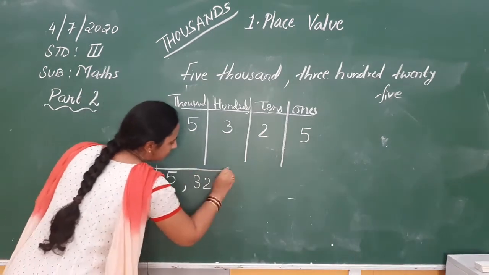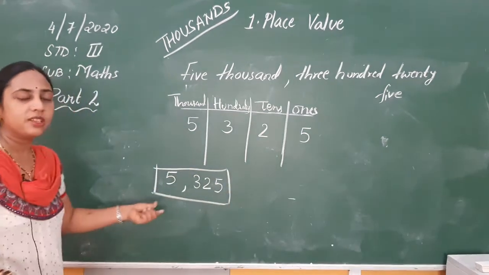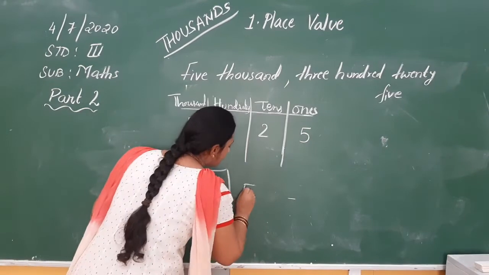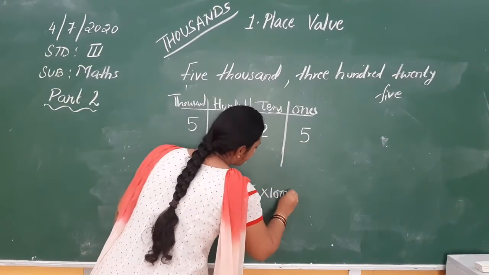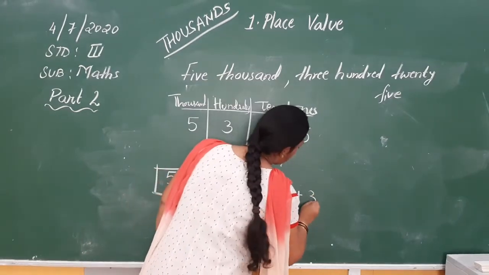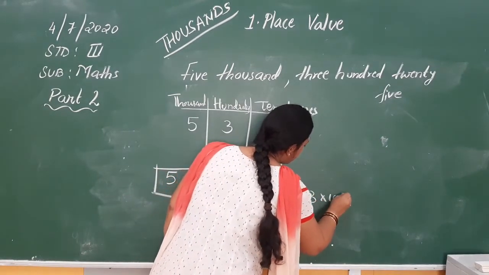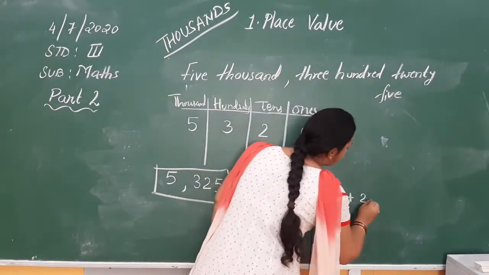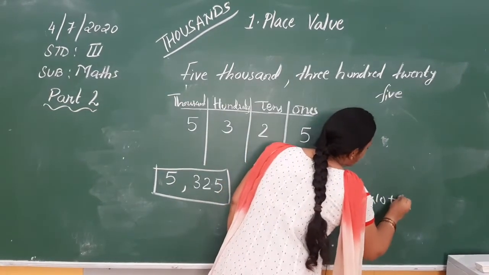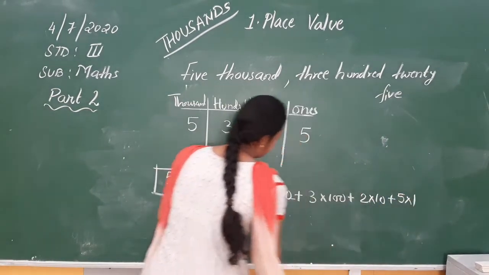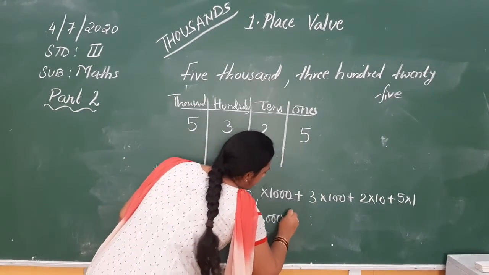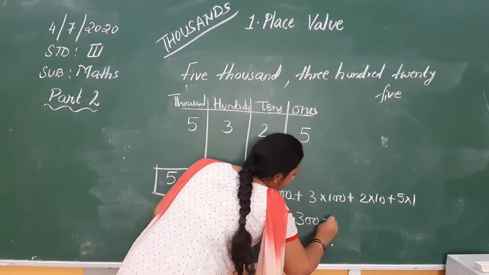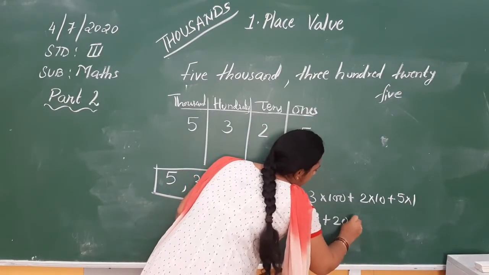5,325. If you want to express this in expanded form, you can write 5 into 1000 plus 3 into 100 plus 2 into 10 plus 5 into 1. That is equal to 5,000 plus 300 plus 20 plus 5.